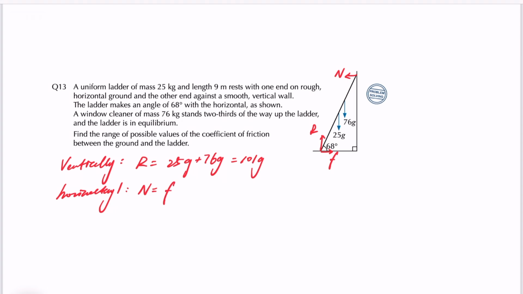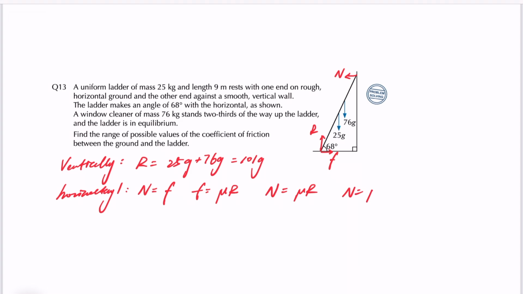But let's keep going. Because they are asking us to figure out the range of possible values of coefficient of friction, then we need to think at this point, right, on the point of moving, or at a point of limiting equilibrium, F equals mu R. So shall we write N equals mu R? And then let's keep going. We just figured out how much R is, and let's substitute it in.